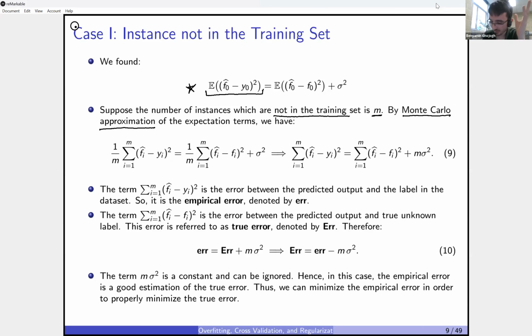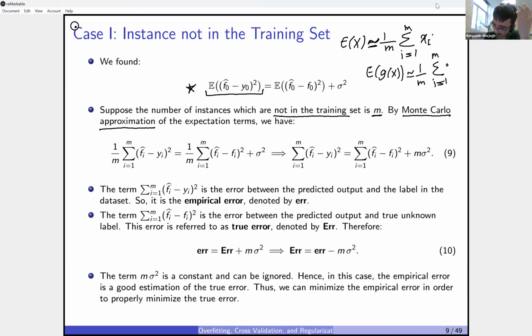Monte Carlo approximation says that when we have the expectation of some random variable, I can replace it by 1 over m times the sum over m data points sampled from the distribution of that random variable, x_i. This is Monte Carlo approximation. The larger m is, the better the approximation. Also, if we have a function of this, like expectation of g of x, you can see it as this.